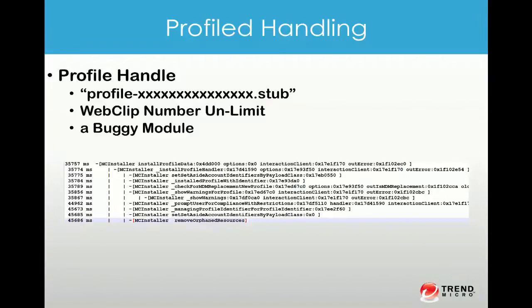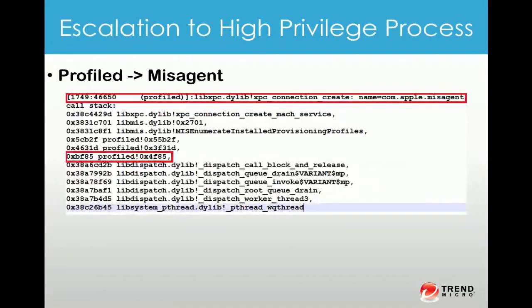What is more, we have found some memory corruption in the profile installation part, which strongly hints the profile would be a buggy module. Actually, the saved profile would be read and analyzed by other daemon processes with high privilege, for example, or proxy processes such as misagent.